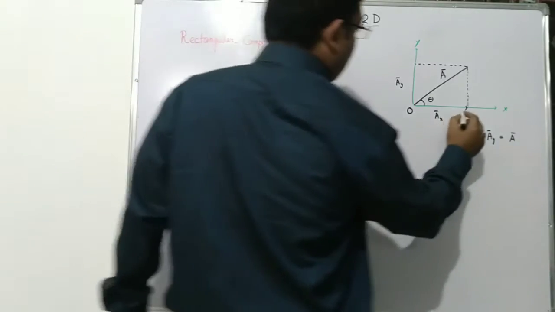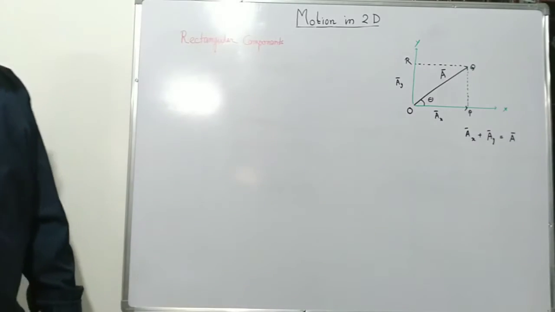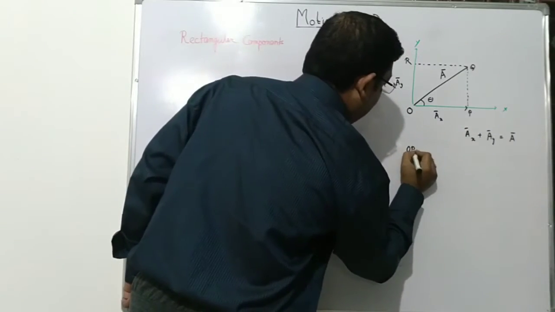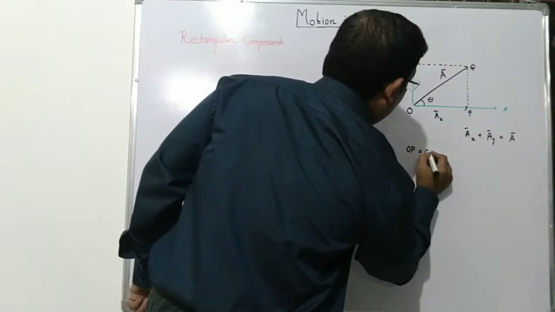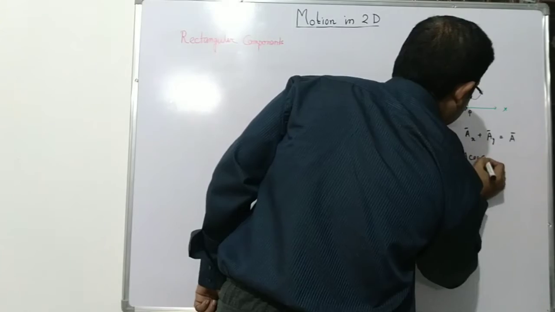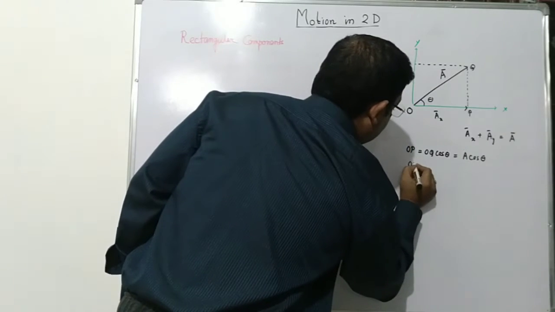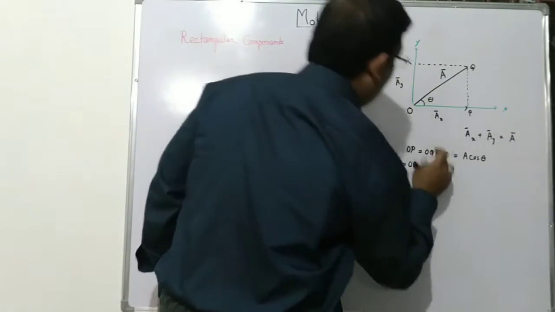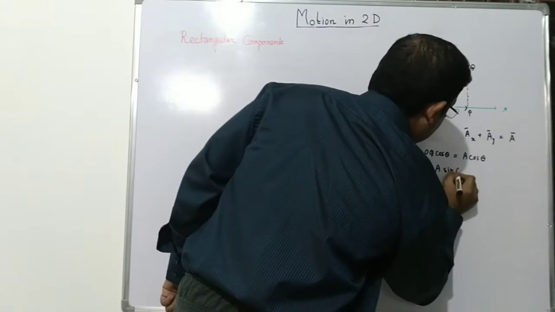Then O, P, Q, R. Then this length OP is given by OQ cos theta or A cos theta, and the length OR, which is equal to PQ, will be given by OQ sin theta. So this is A sin theta.